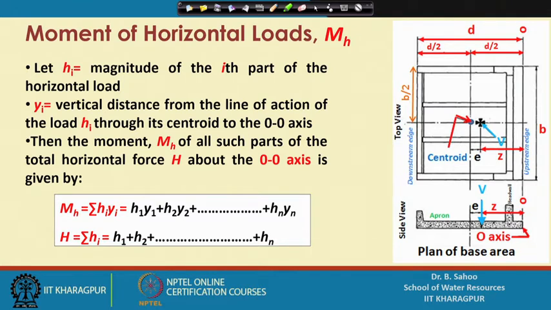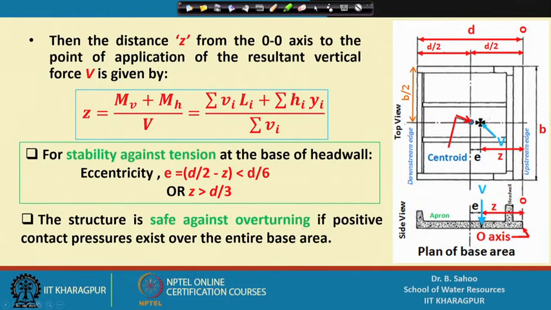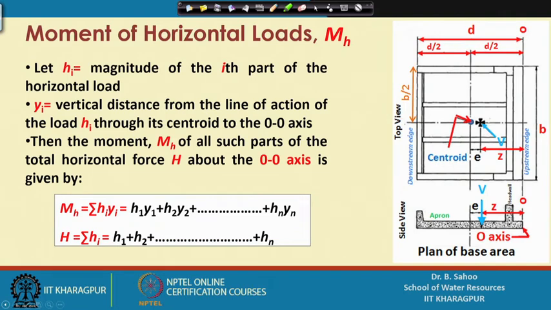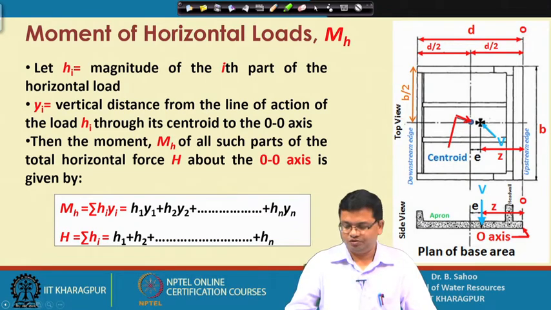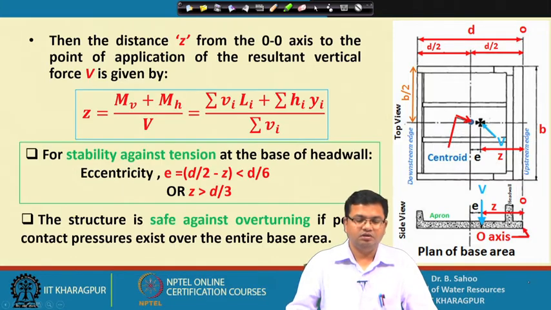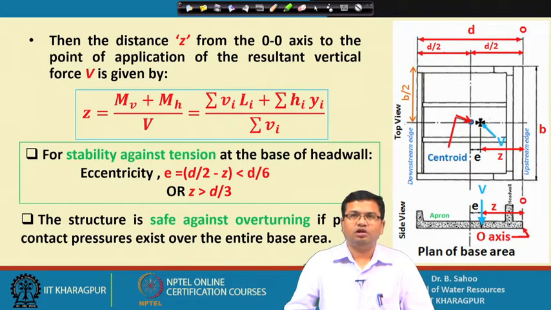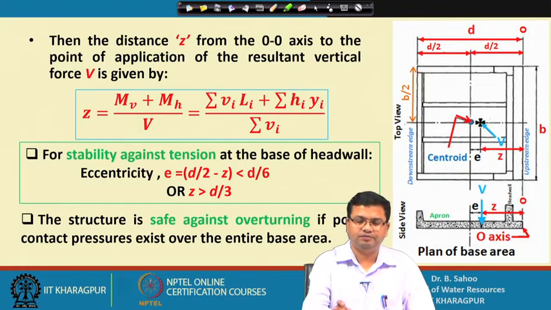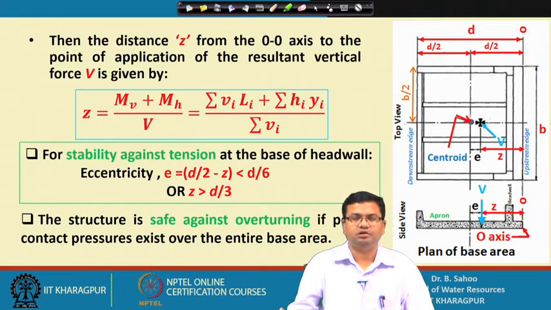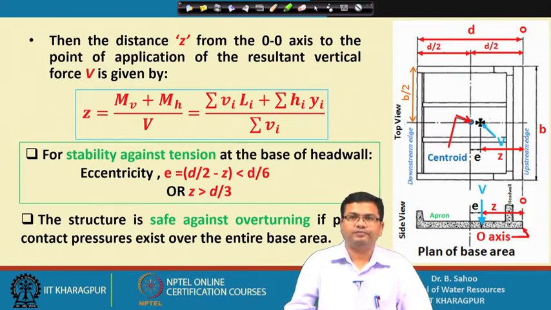So, here M_h will be equal to sigma H_i times O_i A, and H will be equal to the summation of H_i, that is the total horizontal loads. Then the total moment due to vertical loads and horizontal loads can be estimated by M_v plus M_h. The total moment divided by V will give you the value of Z, because V is the resultant vertical load.